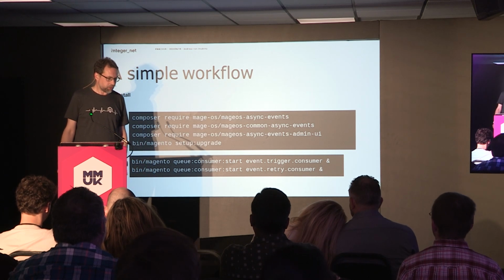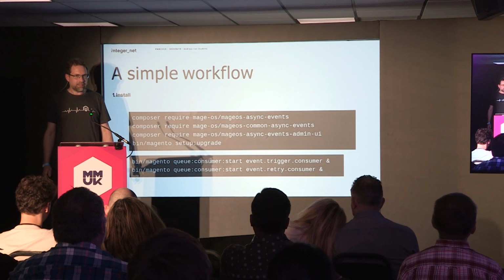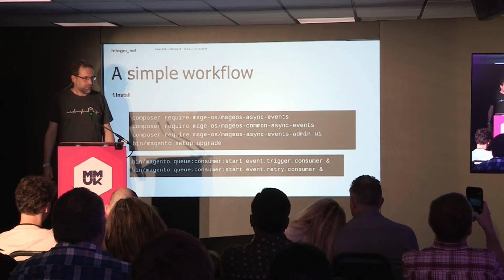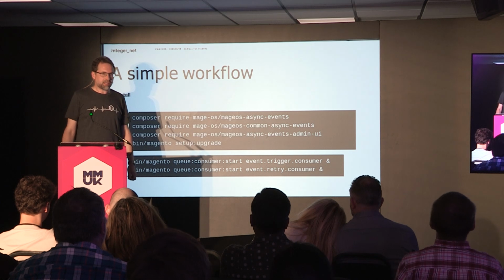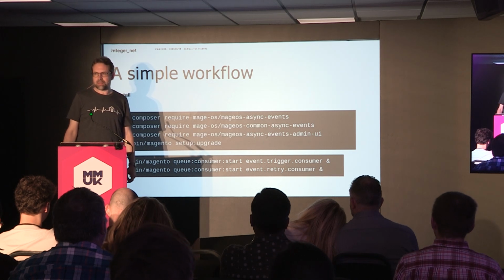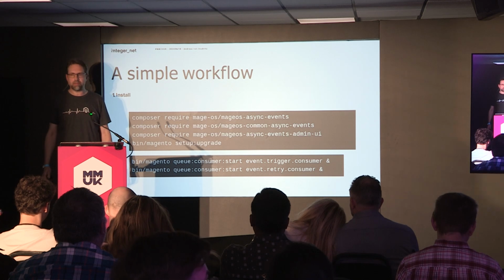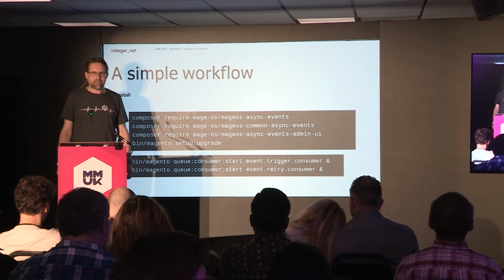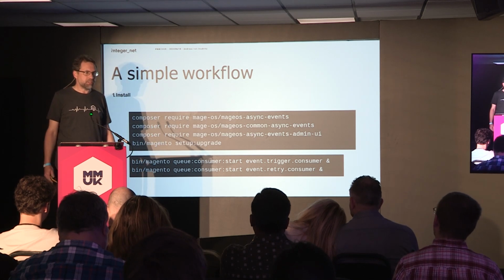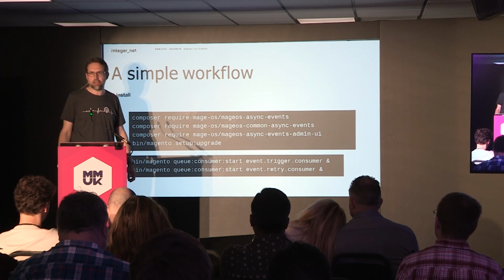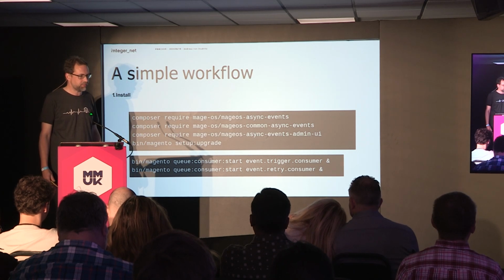I fully recommend installing those modules with it, because it makes life easier. Also, you need to start some queue consumers. You should use RabbitMQ for that. It works with MySQL queue as well, but it's not the default, and there are some additional steps which you need to follow if you want to use that. It's documented in the wiki.